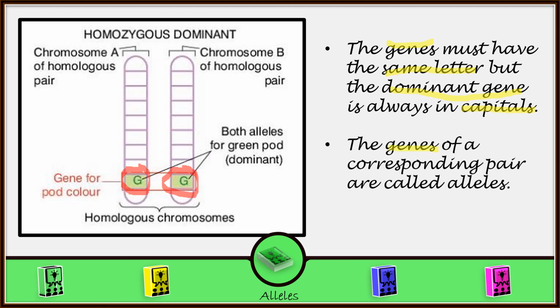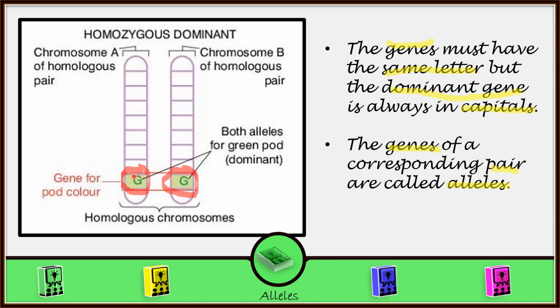The genes for the corresponding pair are called alleles. Now we are introducing a new term, which is allele. Alleles are genes of a corresponding pair.